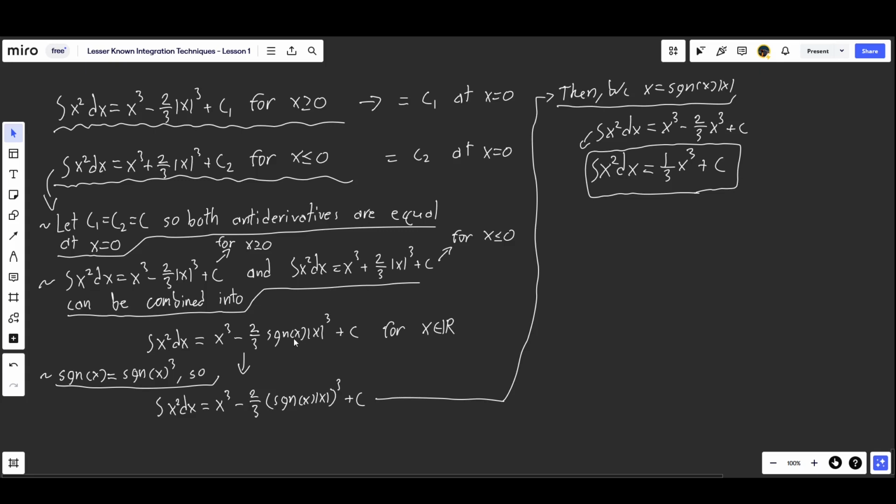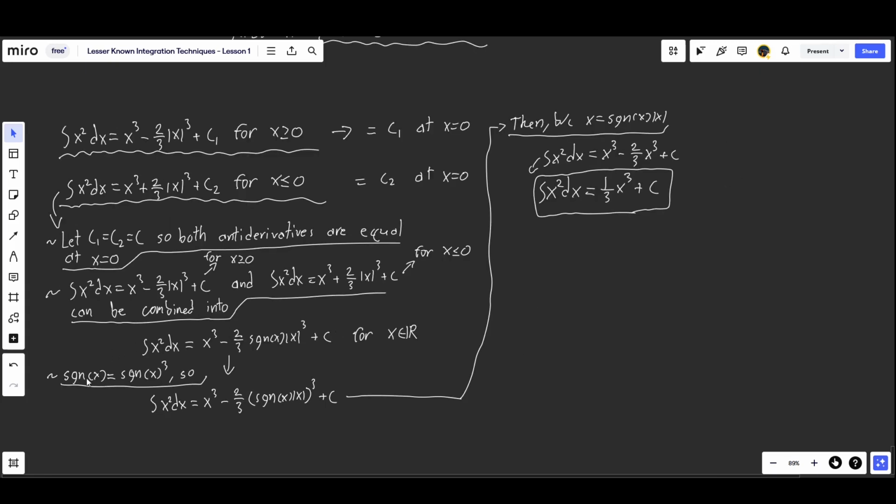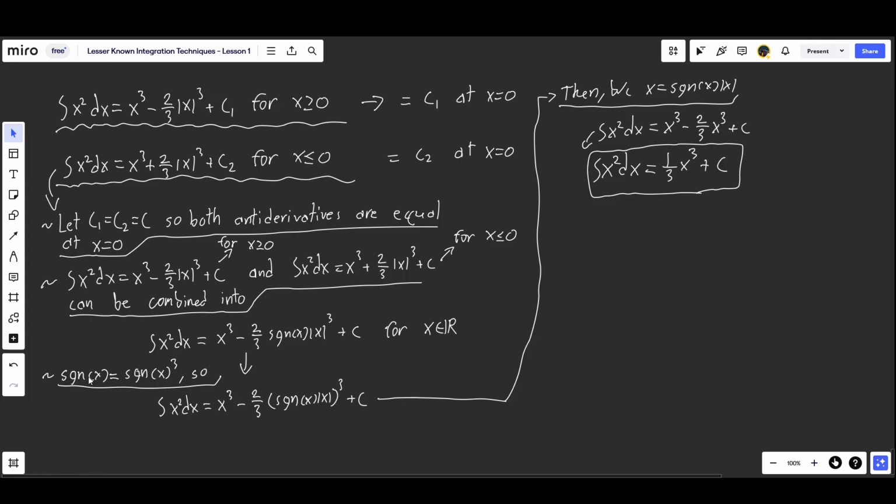So when x is less than 0, this will flip to a positive sign. And if it's greater than 0, it will stay a negative sign. We can then recognize that the sine function, because it only outputs 1, -1, or 0, is equal to the sine function to the third, because 1 to the power of 3 is 1, -1 to the power of 3 is -1, and 0 to the power of 3 is 0.